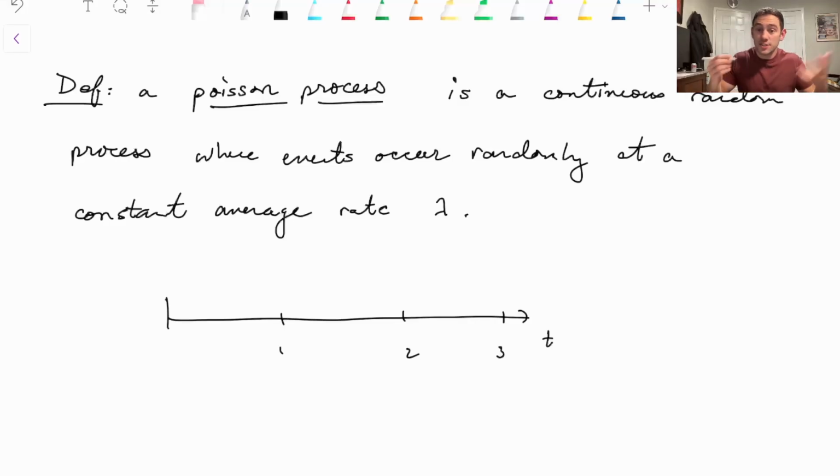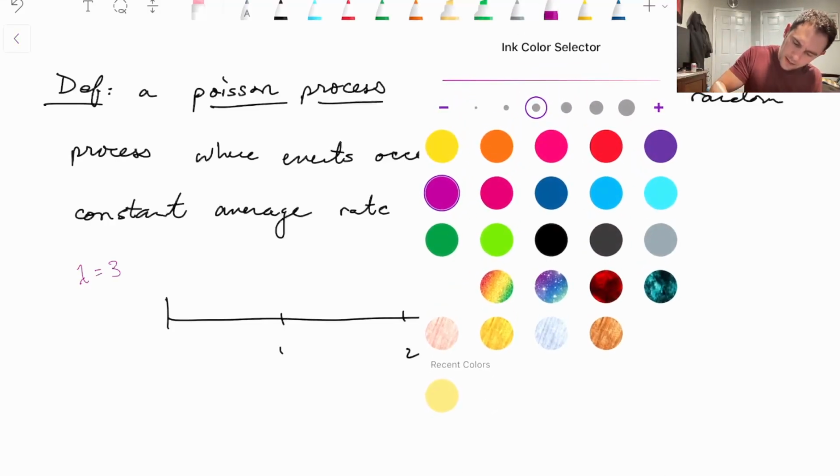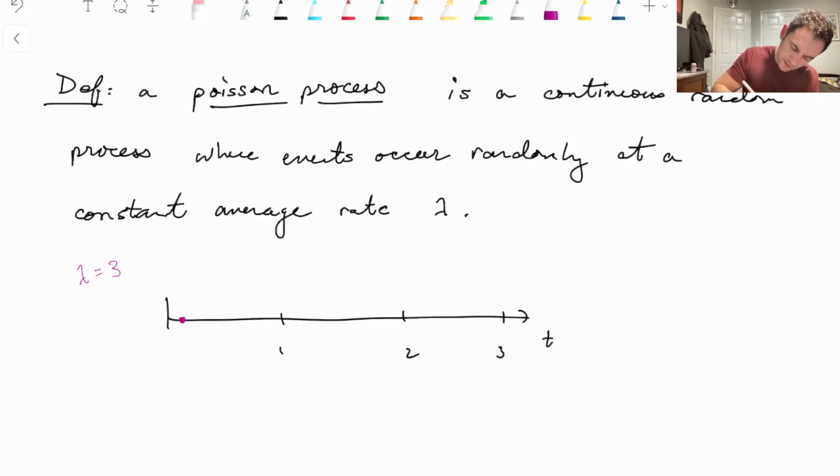And that I have events occurring randomly, but at an average rate of lambda per unit time. So for instance, if lambda were 3, then I might imagine that maybe I have roughly 3 events in the first time interval, maybe only 2 in the second, and then 4. Maybe we sneak in a 4th one there in the third time interval.